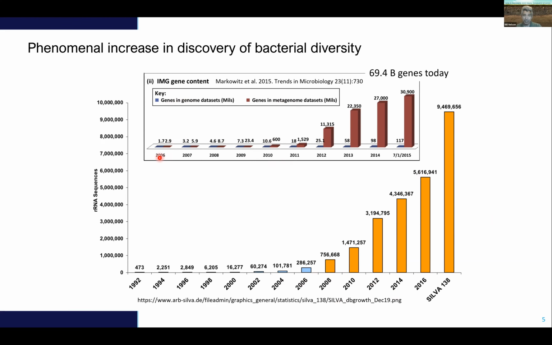And you can see that it lagged the 16S a little bit, but the metagenome projects ramped up in the early 2010s and greatly outpaced the gene discovery that was happening in isolate genome data sets, to the point where in 2015, it was at 30 billion genes. And if you extrapolate that to today, now it's looking at close to 70 billion genes. So just a really powerful technique to be able to take a look at this diversity that we had no access to prior to this technique.